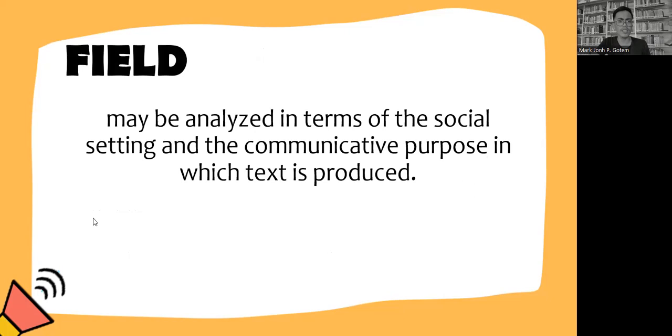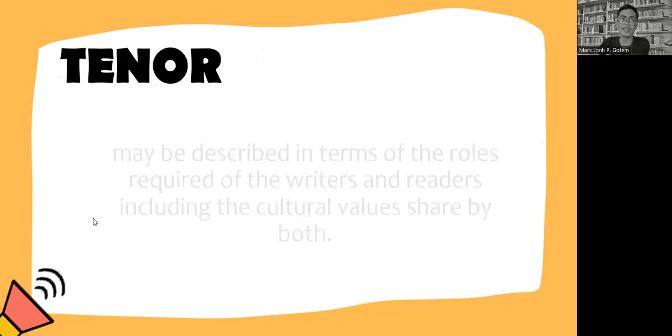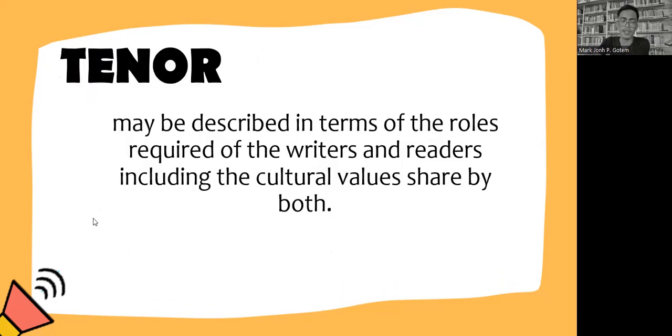Let's discuss what is field. Field may be analyzed in terms of the social setting or environment or even context and the communicative purpose in which text is produced, and that is field. Next, we have tenor. Tenor may be described in terms of the roles required of the writers and readers, including the cultural values shared by both.